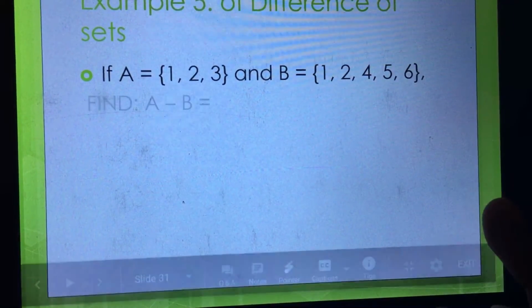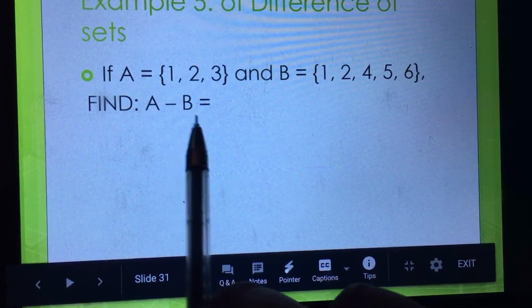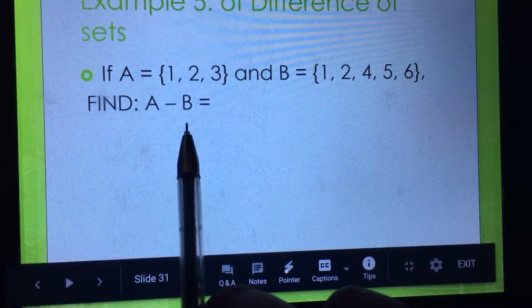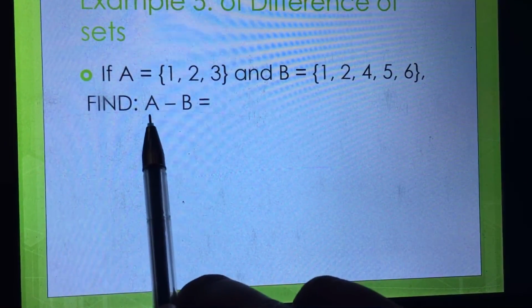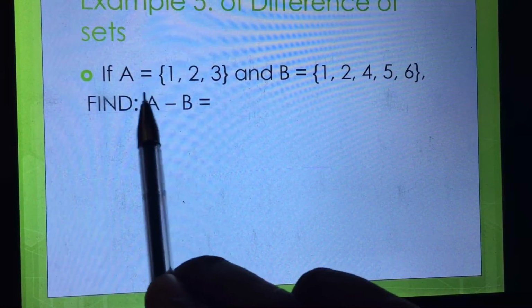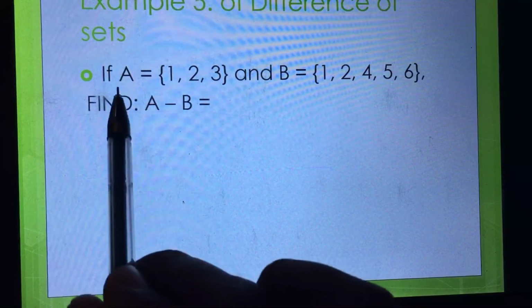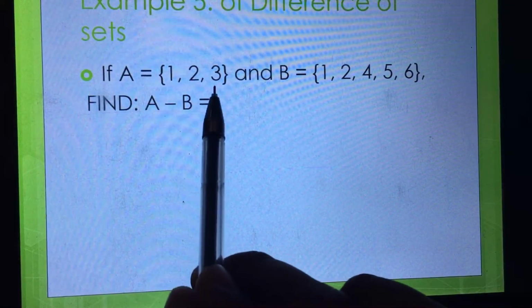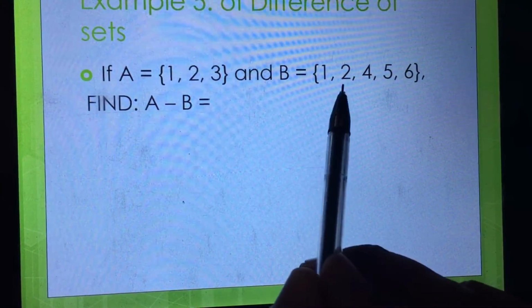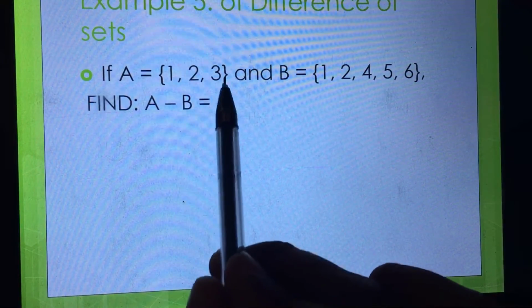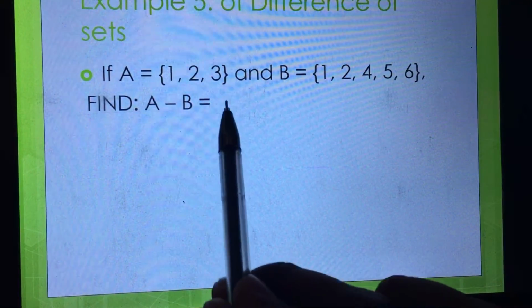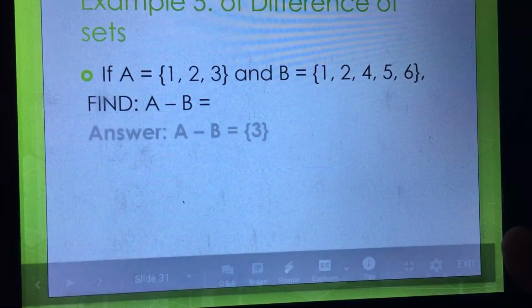Now, we are going to find A minus B, or the difference between A and B. What comes first? Is it A or B? The answer is A. Therefore, we will focus our answer on set A. 1, 2, and 3. We have 1, 2 here, cancelled. What remained in A is 3. And that is now the answer.